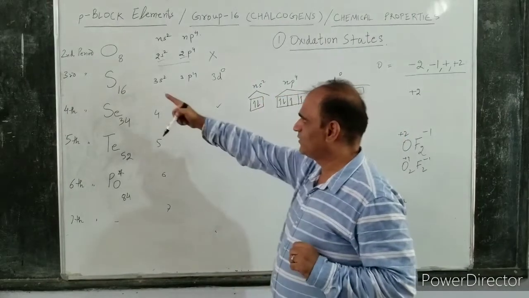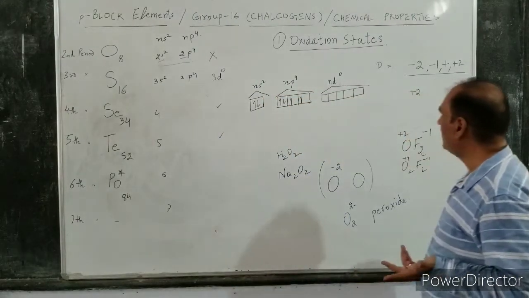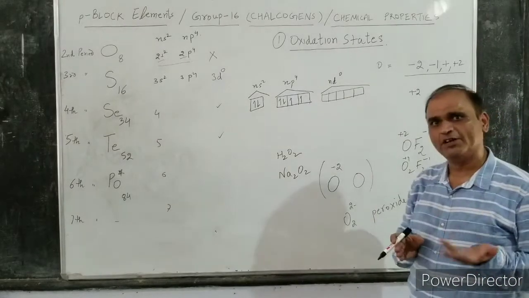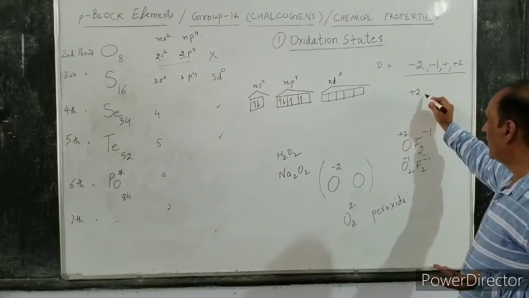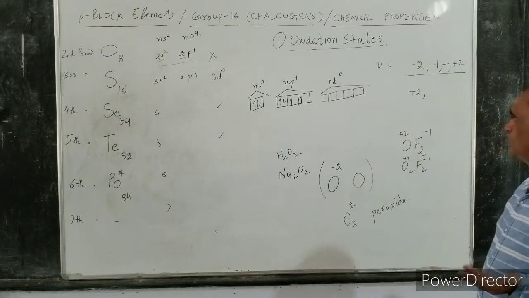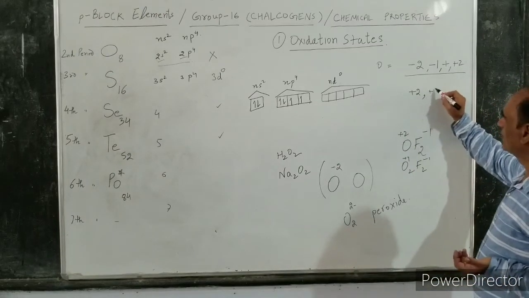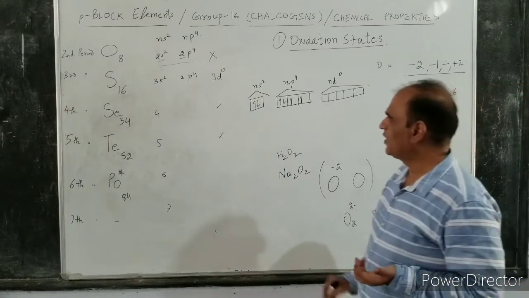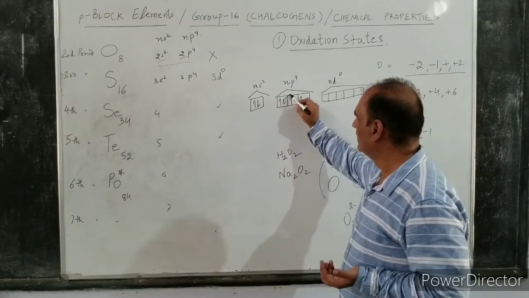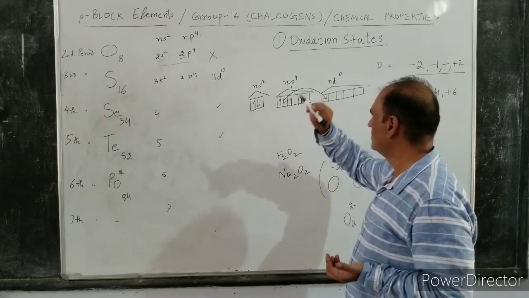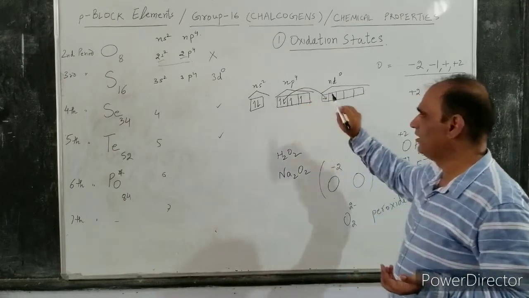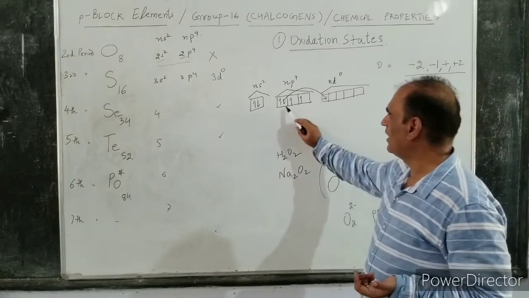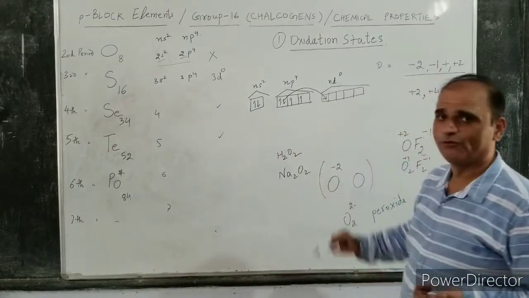Now let us take the case of sulfur. Sulfur of course will show -2, but when it forms covalent compounds it shows +2. Apart from +2, it also shows +4 and +6 states. Why? Because in excited state, this electron jumps from this orbital to this in higher subshell. So now total unpaired electrons will become 4.